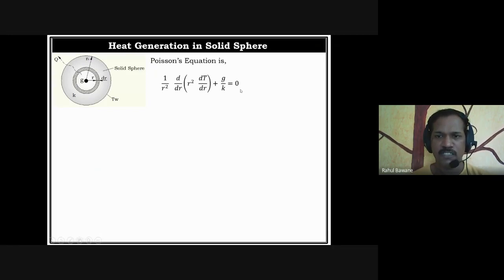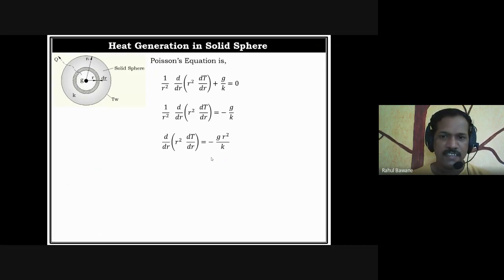Why 0? Because it is steady state. Now I shift this g by k to the right hand side, so it becomes minus g by k. Then I shift this r square to the right hand side, so it becomes d by dr of r square dT by dr equal to minus g r square upon k.